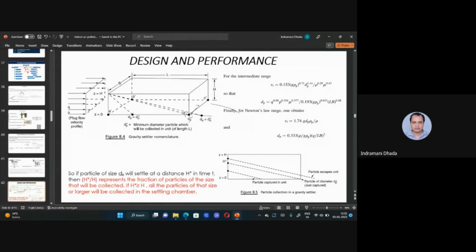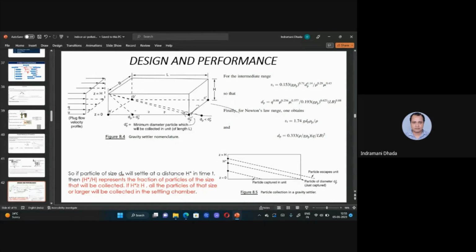But a particle greater than dp star is collected here, here, or here. If it is less than dp star, then it can escape. So based on that, the length and breadth we can design.